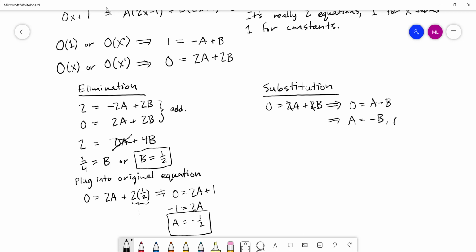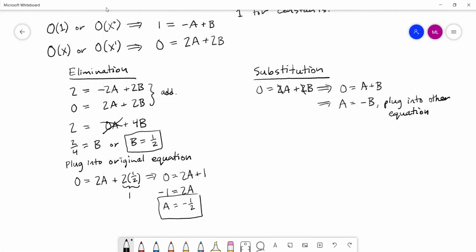And I want to plug this into the other equation, whichever one I didn't use. The other equation is 1 equals negative a plus b. So I'm going to substitute everywhere that a shows up. I'm going to switch it for a negative b.